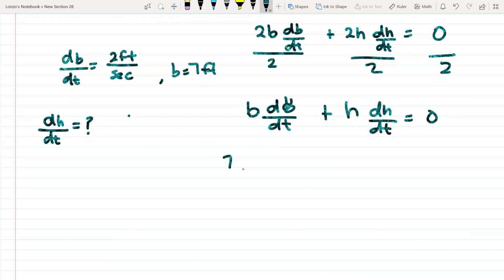So our base is 7 feet times db dt, which is 2 feet per second, plus h. Do we know what the height is? Yes, we do.